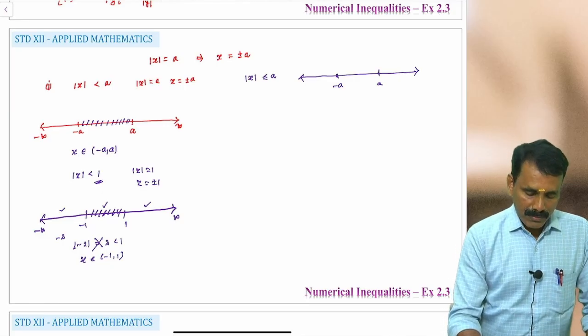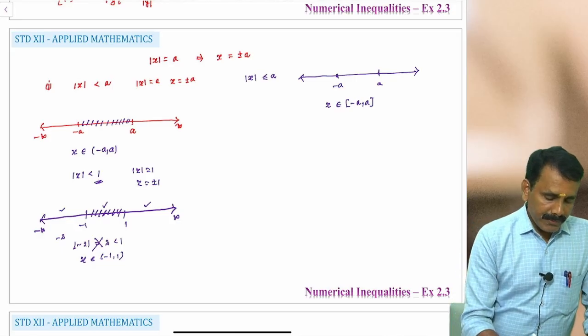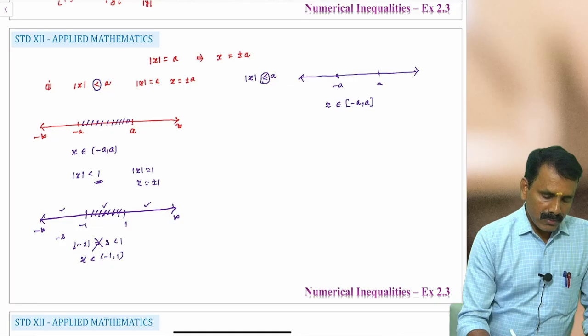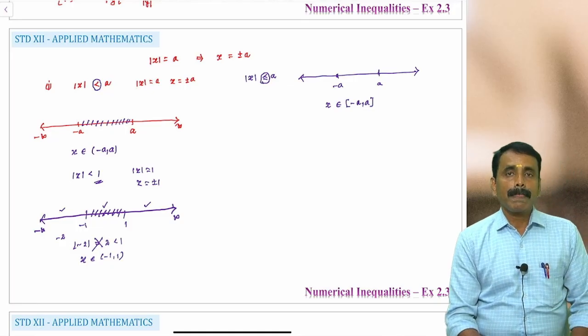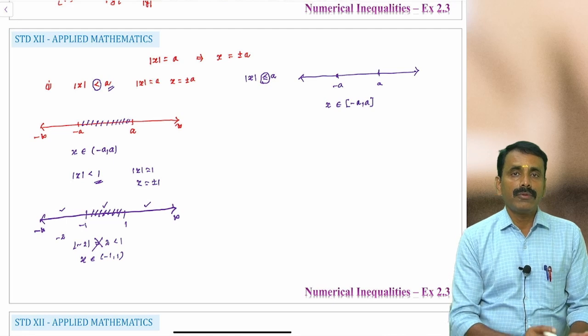So the solution set will be x belongs to the closed interval minus a to plus a. So whenever we have the inequality less than or equal to, the solution will lie well within the given negative to positive value.